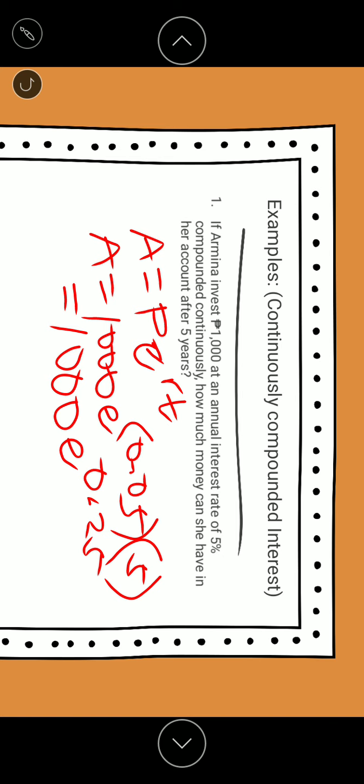So, 1,000 times Euler's number to the power of 0.25 would give us 1,284.03. So this is the final answer.